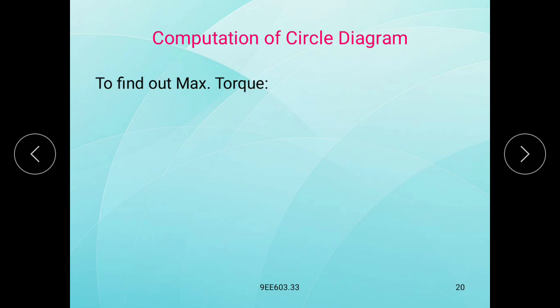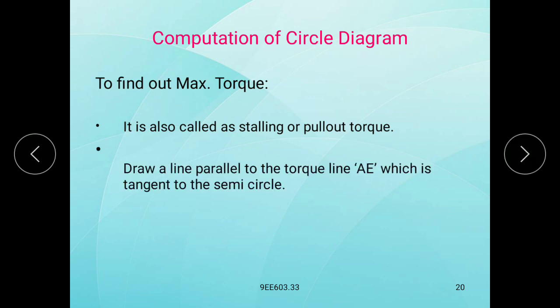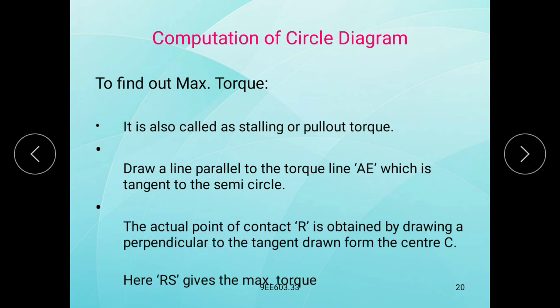To find maximum torque, it is also called the stalling or pull-out torque. Draw a line parallel to the torque line AE, which is a tangent to the semicircle.